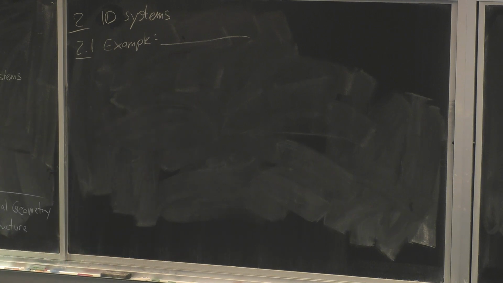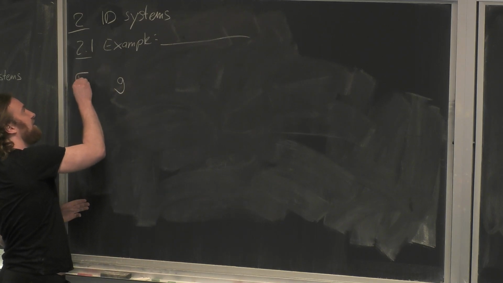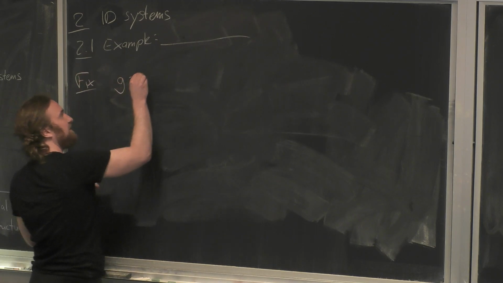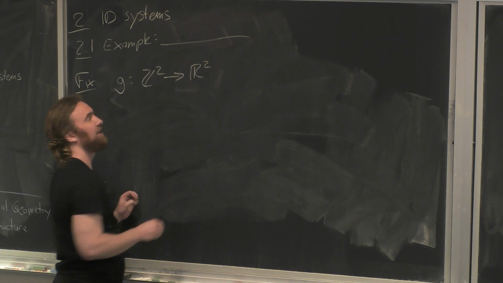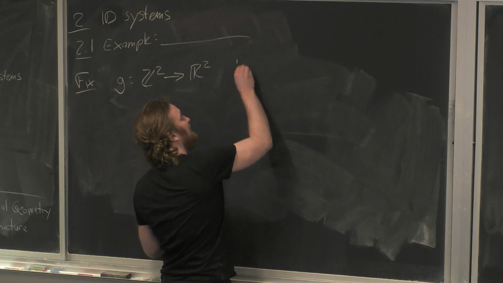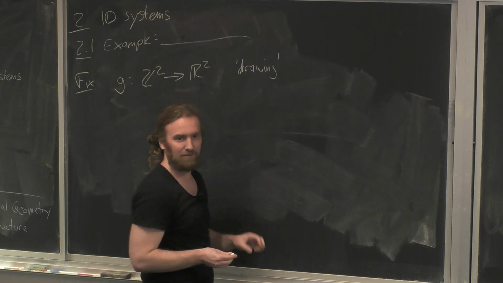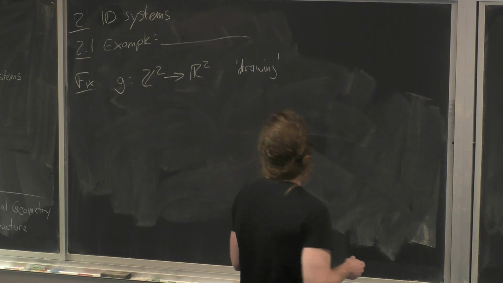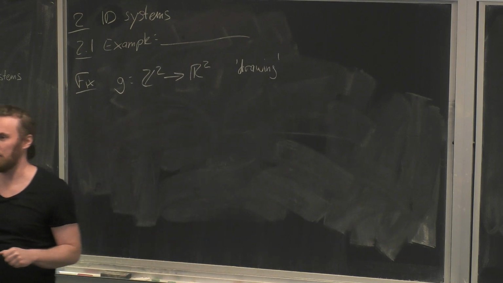So what's the situation? I fix some function from Z^2 to R^2. Call this a drawing. That's not any formal definition. So essentially a straight-edge drawing of some graph.